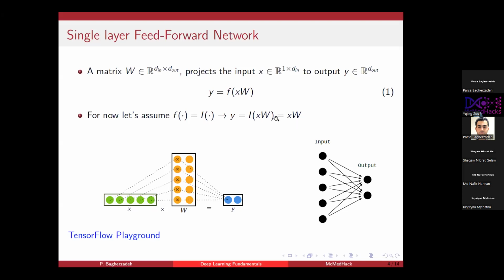So a question here is: if it's a simple matrix multiplication, why are we calling it a network, and why are we giving it a fancy name? So let's see what's actually happening when we multiply a vector by a weight matrix like this. When we multiply X by this matrix W, we are multiplying this row by this column, right?